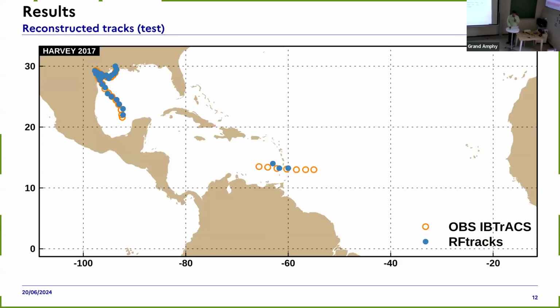So if you remember, I had the 4 tracks, so there is a hole in this track because I filtered above a certain level of pressure and below a certain level of pressure and above a certain level of wind. So in the observation, I've filtered the positions here, part of the track here.